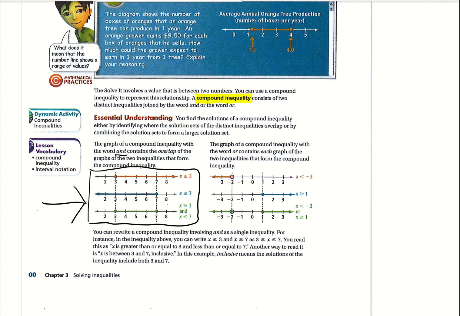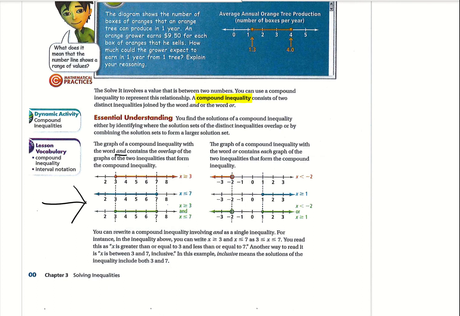That's the combination of the two, where we have x is greater than or equal to 3 and less than or equal to 7. As you can see, they've got the dotted line here and here, and you combine the two so that you have just this area here. So that is an and.